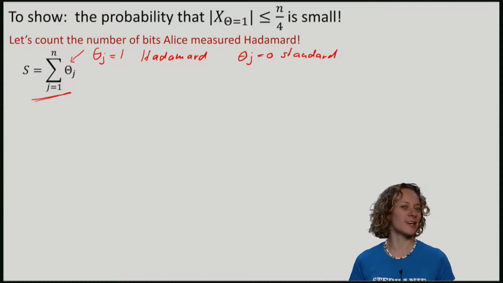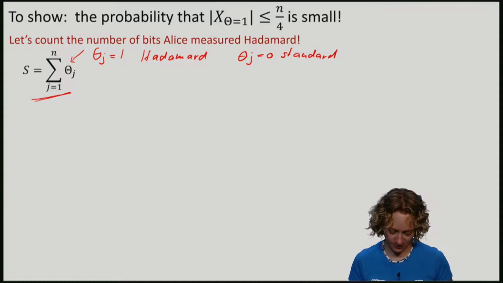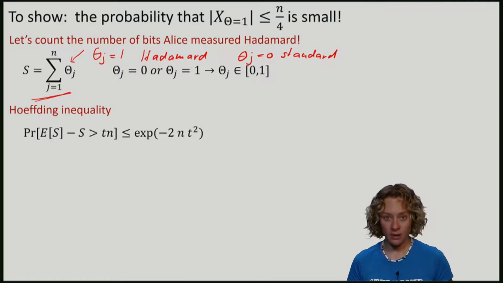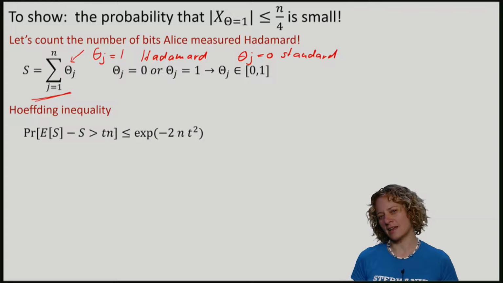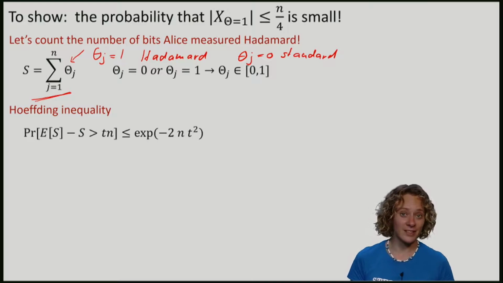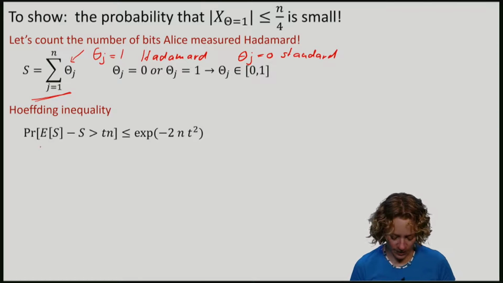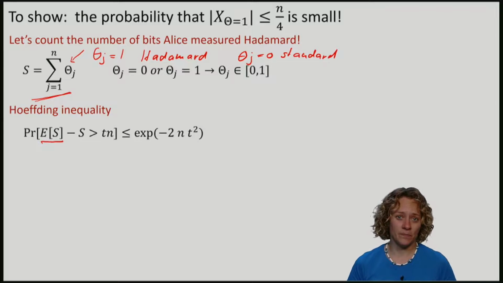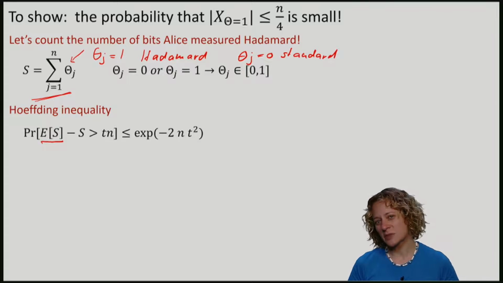We will now apply a concentration inequality known as the Hoeffding inequality. Intuitively, it says that the probability that our random variable S differs significantly from its expected value, ES, decreases exponentially with n. So what is the expected value here?